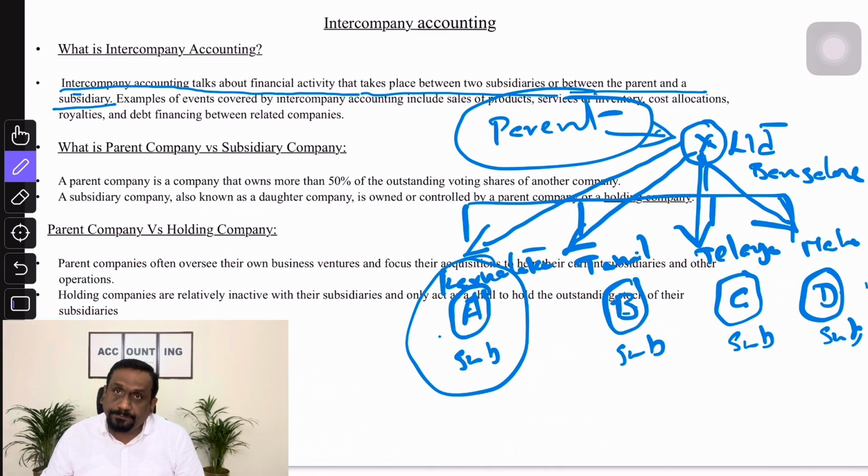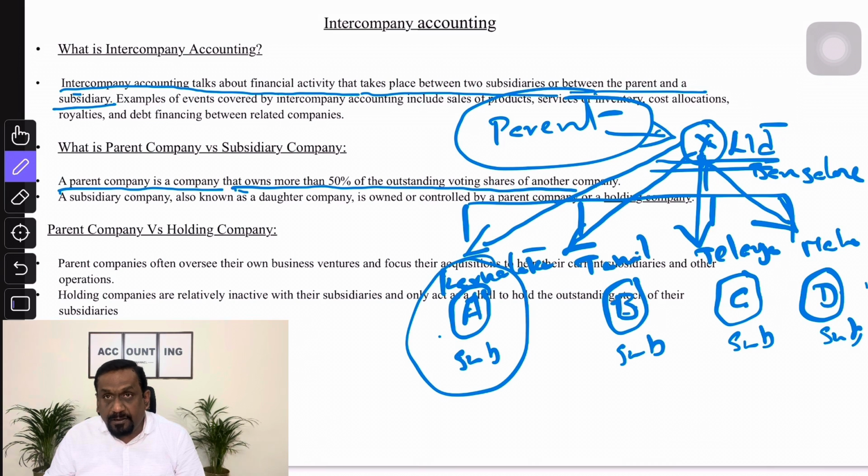Are you clear? Right. Who is the parent company here? The definition is very clear. A parent company is a company that owns more than 50% of the voting shares of another company. That means what? When do we call X Limited a parent company?